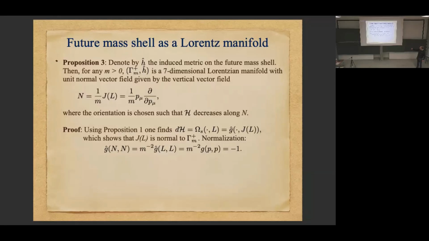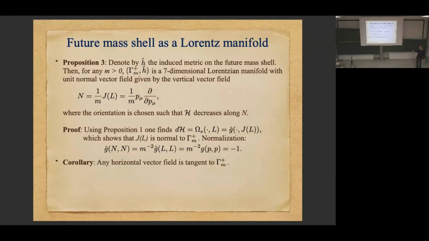That tells you immediately that j of L is parallel to the gradient, and then you just need to work out the normalization. If you plug this in and use that j is an isometry, you get this, but this is p squared, which is -1. So n is time-like, and now if you divide this by m, then this is the right normalization, and then you have proven the proposition.